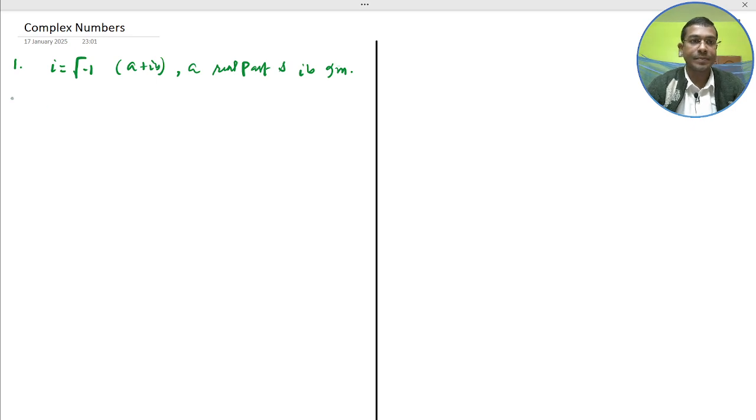Conjugate of a complex number: if z = x + iy, then the conjugate z bar = x - iy.